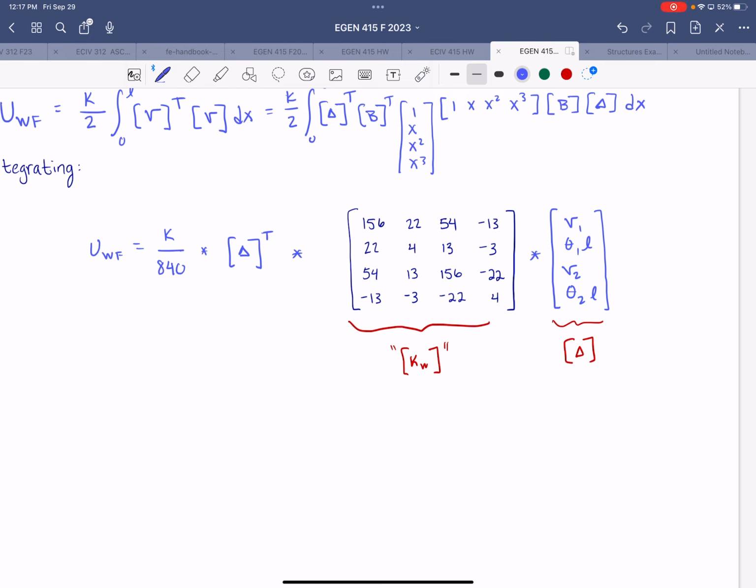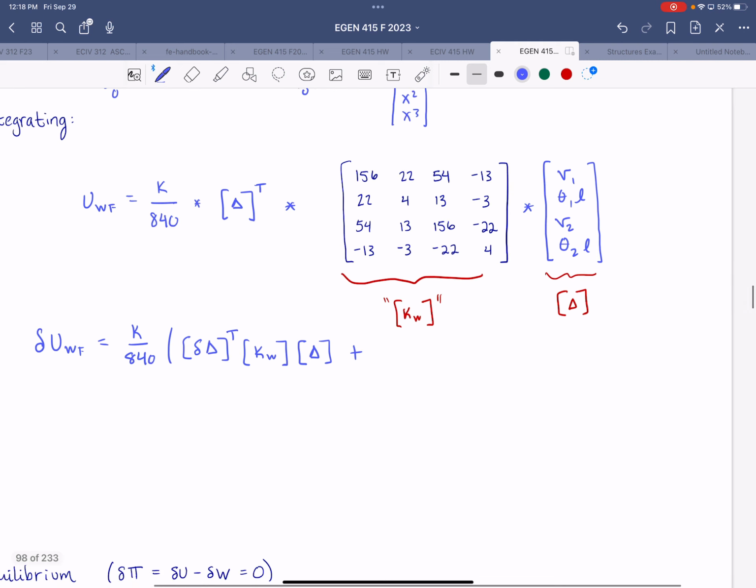Now taking the virtual work, as the increment delta comes into play, we have k over 840 times, in parentheses, our lowercase delta, capital delta transposed, times that kW coefficient matrix, times delta, plus delta transpose times kW times lowercase delta, capital delta.